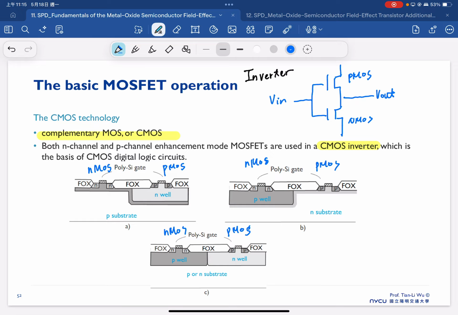By considering this structure, we can realize the inverter, which in logic terms means that if we give 1 as the input signal, we output a 0, and if we give a 0 signal, we output a 1. That's the complementary operation that we can realize with the CMOS inverter.